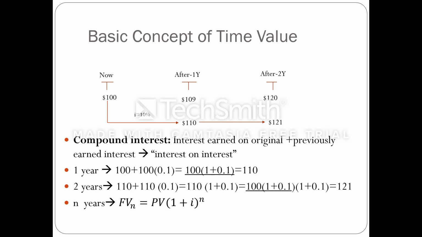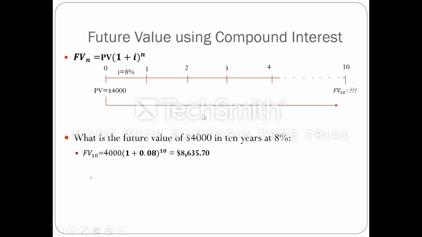Because if we do not use this formula, then you have to grow this cash flow after each period, and with 2 periods it might not be much of an issue. But say if you have 7, 8, 9 or 10 periods, you cannot keep growing it after each period. We can directly use this formula to find the future value of this cash flow by the end of, say, the ninth period.